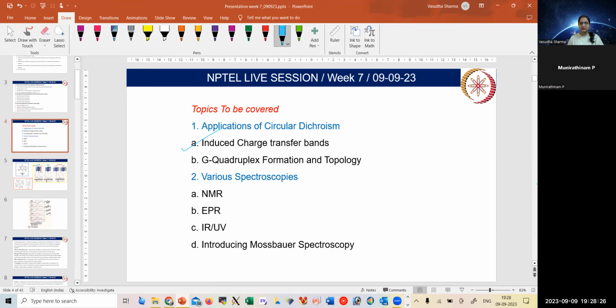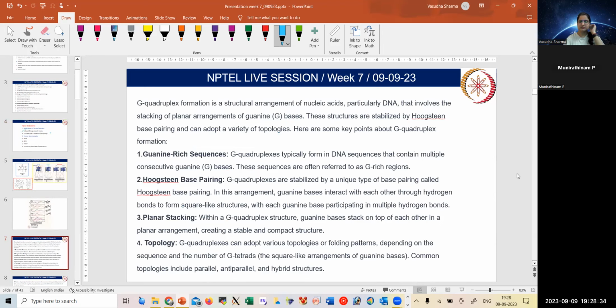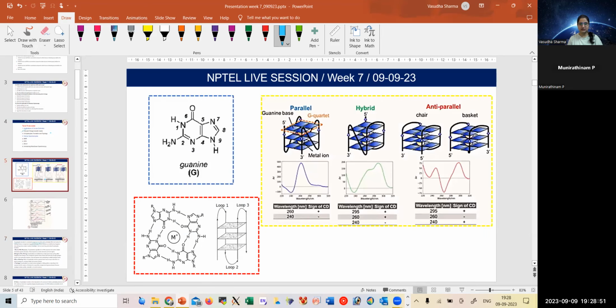Now, the second is one of such examples, G quadruplex formation and topology. So don't get worried about the terminology. I'll just briefly define it. This G quadruplex formation is just a nucleic acid arrangement. Similarly, the DNA we talked about is comprised of nucleic acids, proteins, and some structures. Also, there are guanine bases. These guanine bases are nothing but this one.